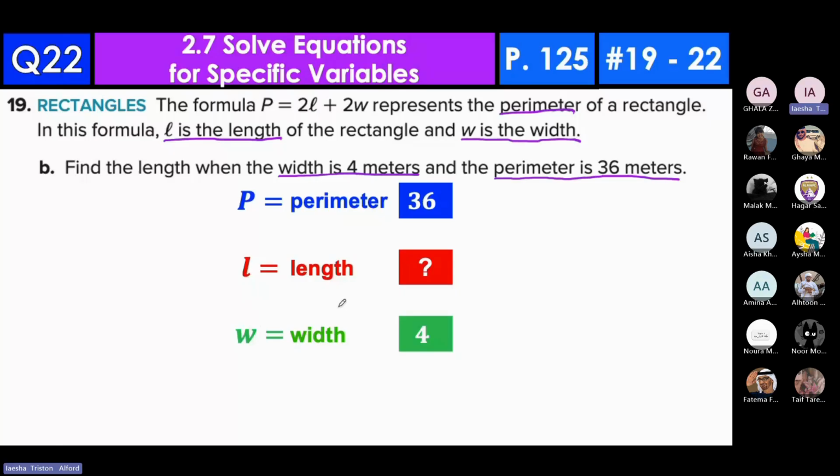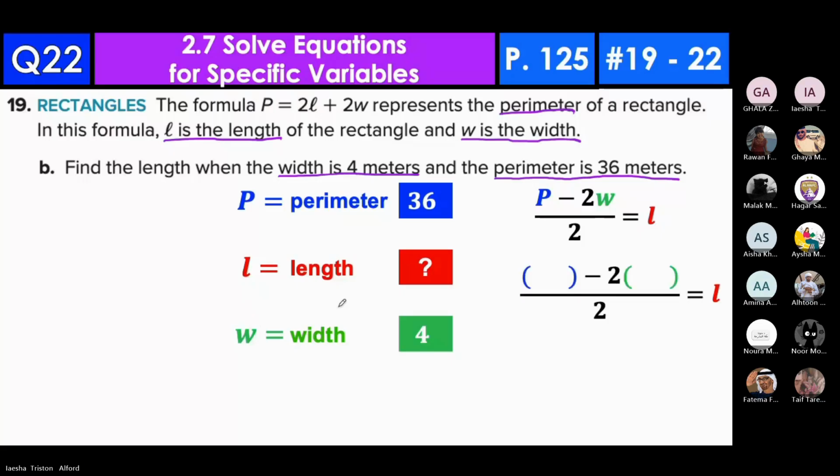After you have this, part 3, take your equation from part 1. You're not writing P, you're not writing W, put parentheses. So P should be what number? 36. And W should be what number? 4. Okay, take the top, put it in the calculator. You should get positive 28. Divide by 2.